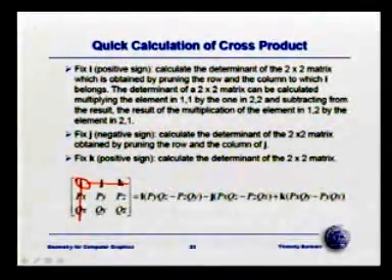How do I calculate the determinant? I make the product of the first diagonal minus the product of the second diagonal. So it's PyQz minus PzQy.